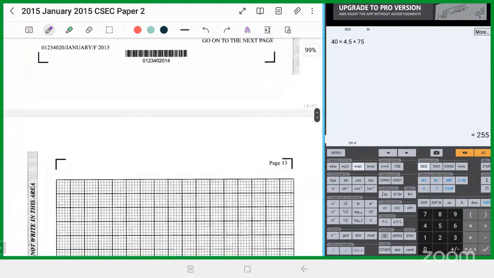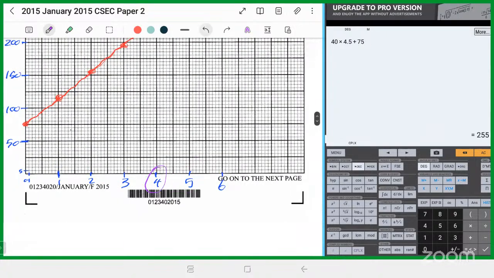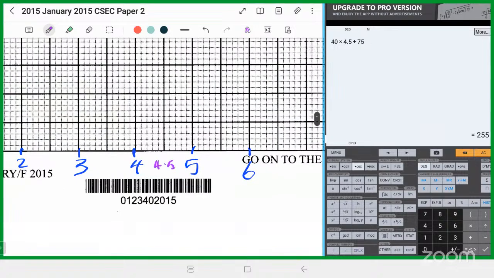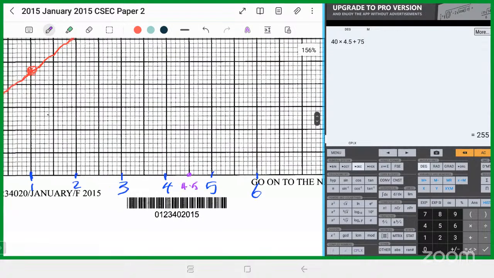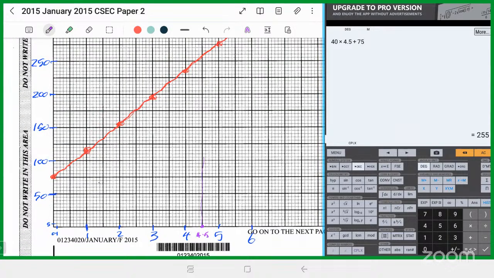Let's put it on the graph. 4.5 hours. So this is 4 hours, this is 5 hours. 4.5 is right here. So come up on the graph, and you read it across.